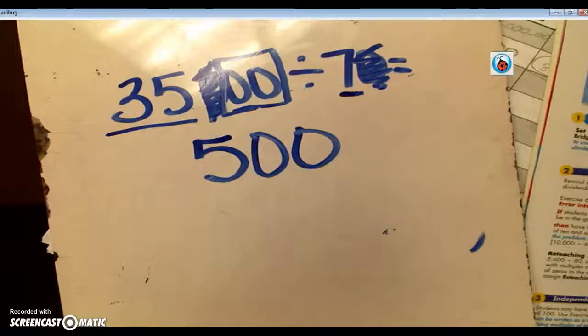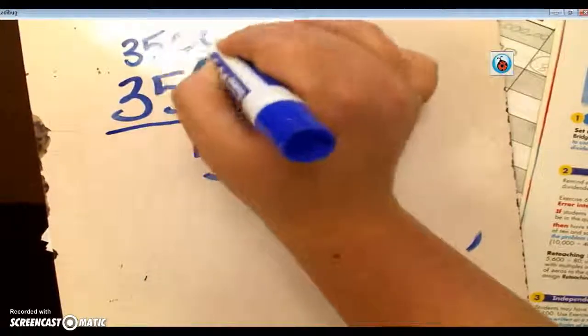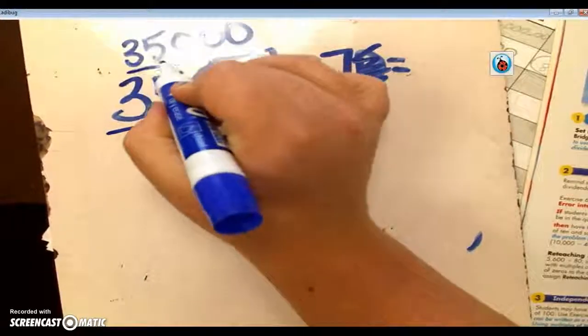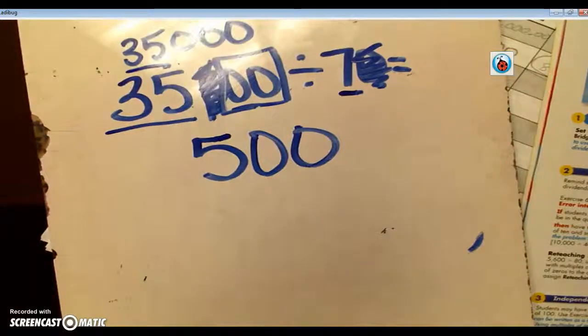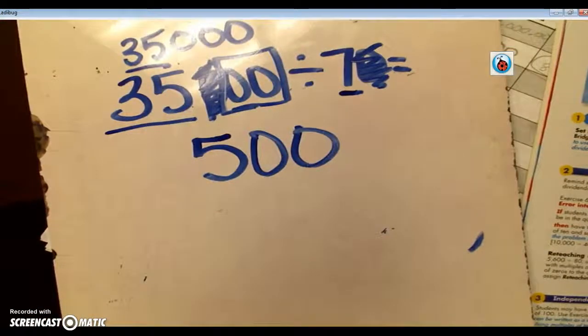We're dealing with multiples of 10. So I'm thinking of this, if I would rewrite this number here. I have 35,000 tens. And I divide it by 70,000 tens. You have to think of it in multiples of tens.